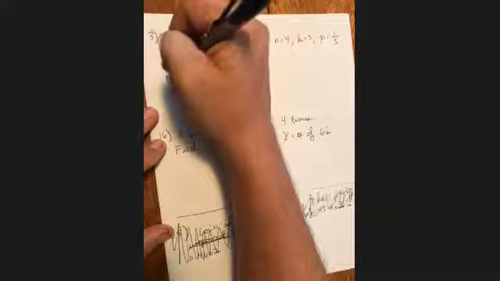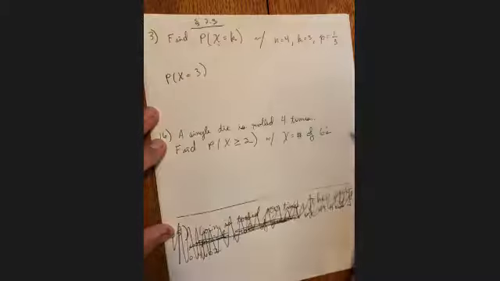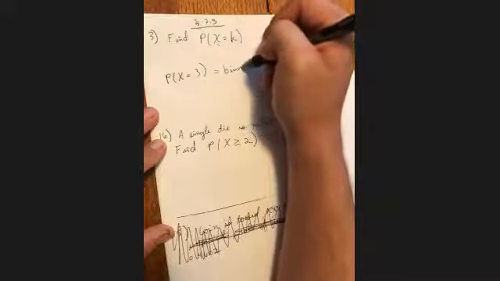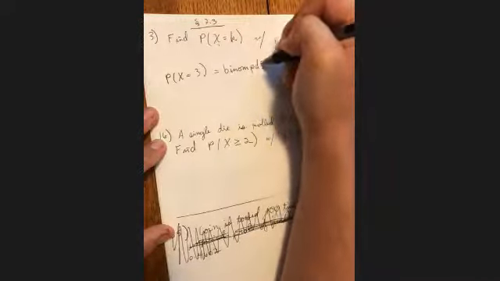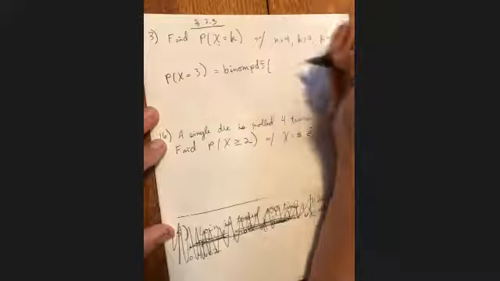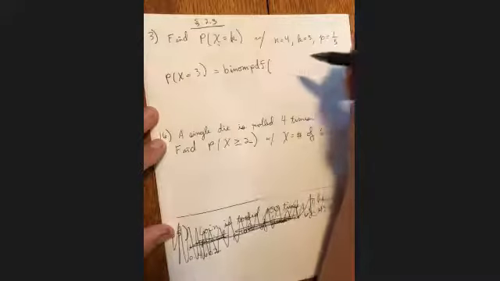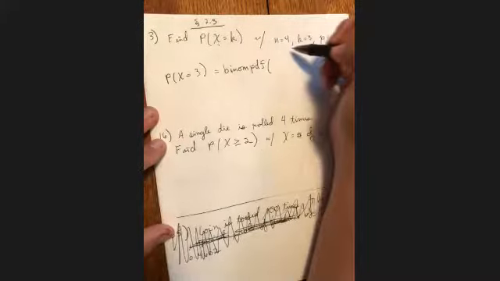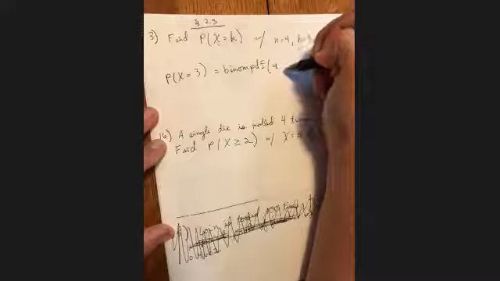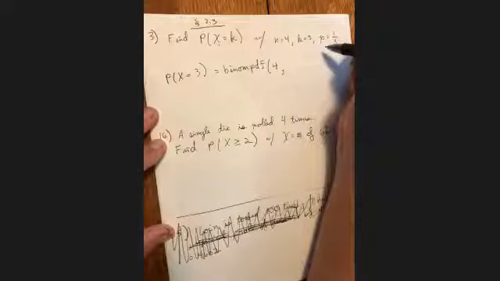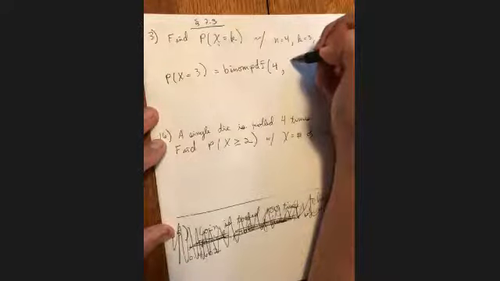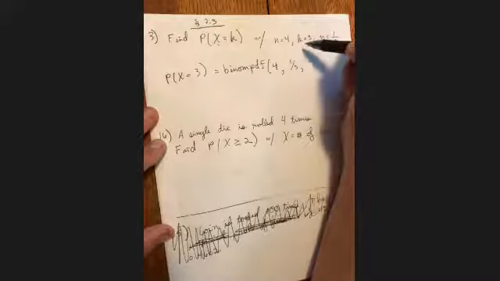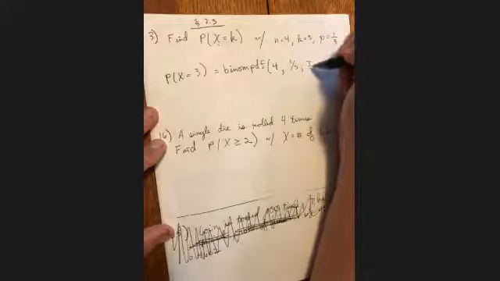To calculate the probability that x equals 3, we're going to use the binom PDF function. And remember that this takes in the inputs n, p, k. So n is 4, p is 1/3, and k is 3.